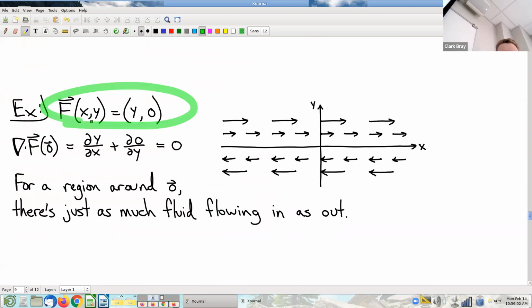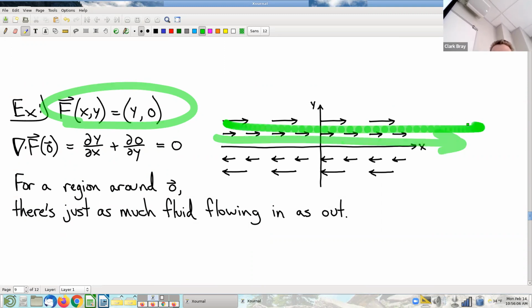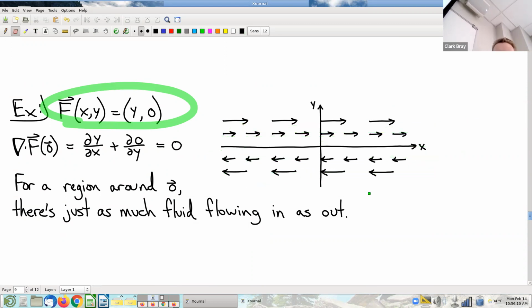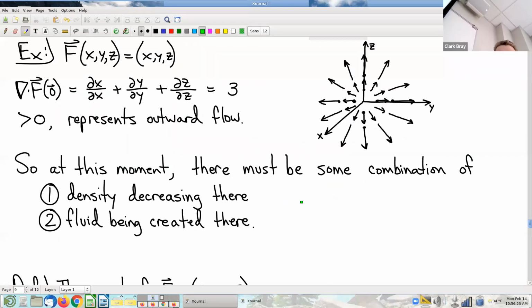Right, so y comma 0. And remember, everything's going horizontally, right? But it's moving slower when you're closer to the x-axis, and then the farther you get away, the faster it's going. Right, so this is kind of, if you will, a 3-dimensional version of that same thing.